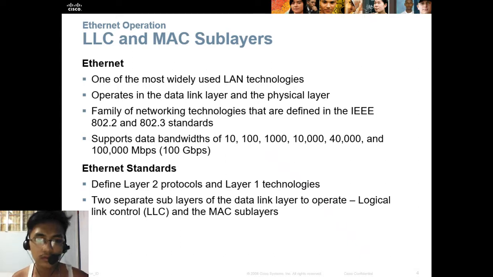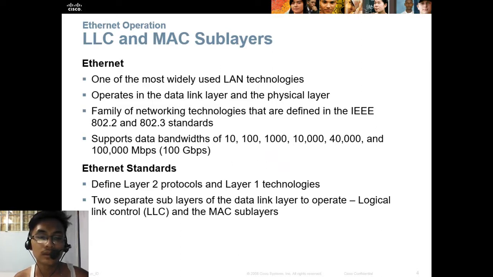Ethernet standards define layer 2 protocols and layer 1 technologies. There are two separate sublayers of the data link layer, the logical link control and the MAC sublayers, so Ethernet uses the LLC and the MAC sublayers.